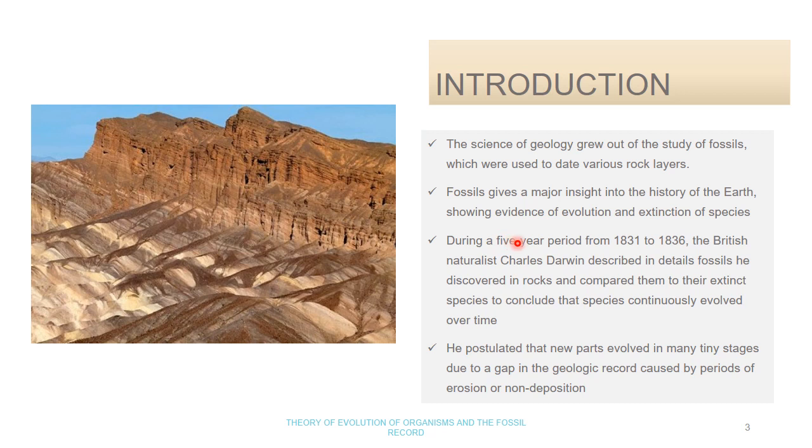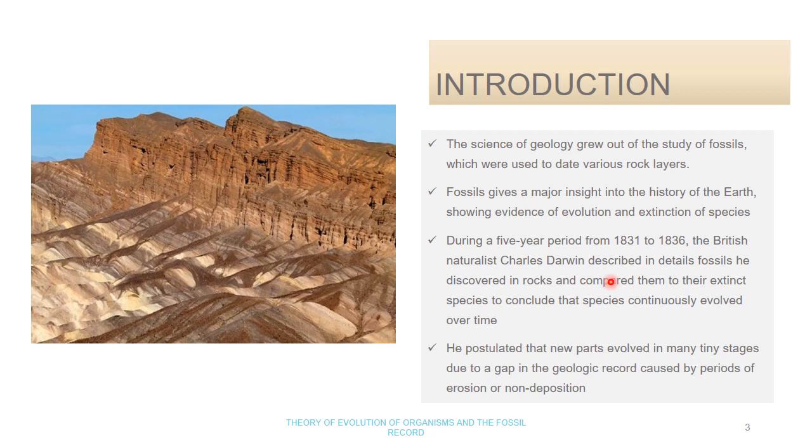The theory of evolution was developed by the popular scientist Charles Darwin during a 5-year period from 1831 to 1836. At that time, he was working as a naturalist, moving around the world, and then he encountered fossils in rocks that he studied.